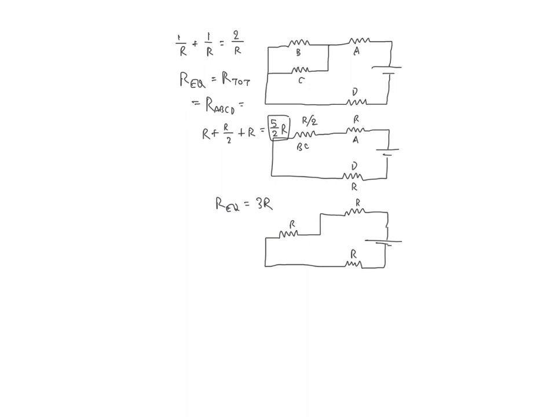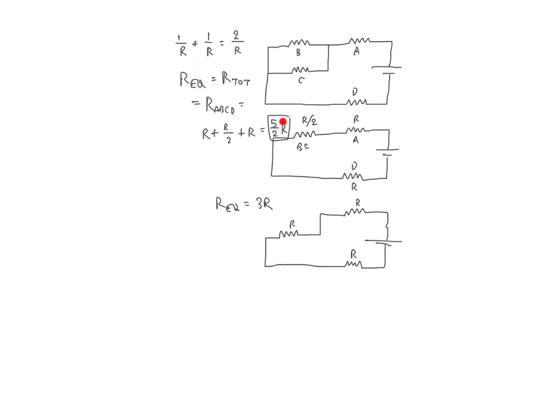Parts E and F ask what's happening to the current and to the potential difference across A. When we took out one of these parallel resistors, it increased the overall resistance of the circuit.